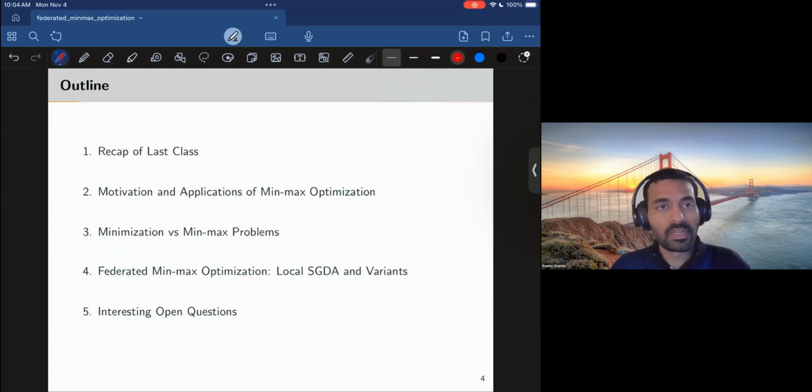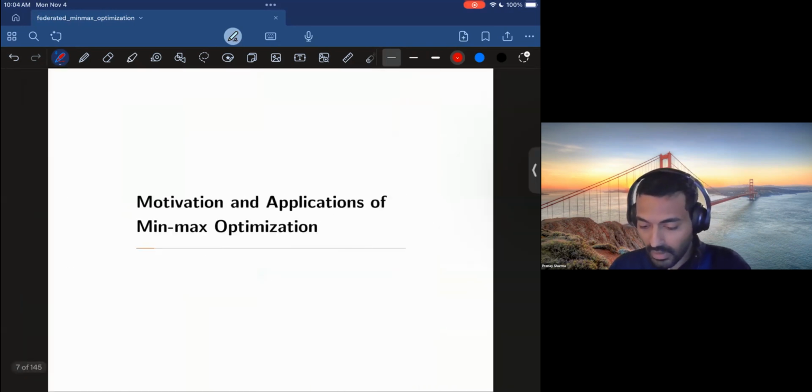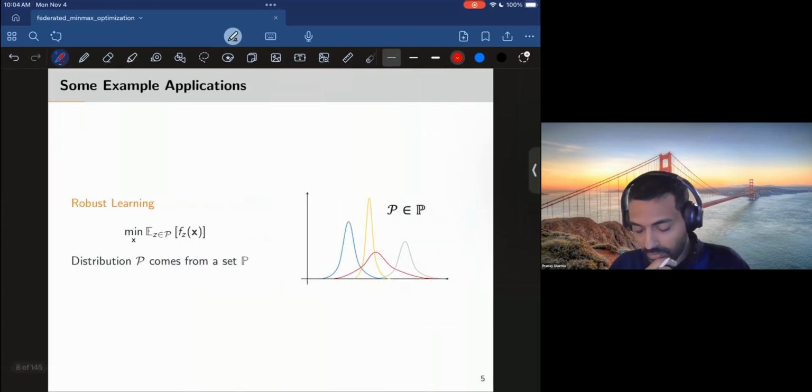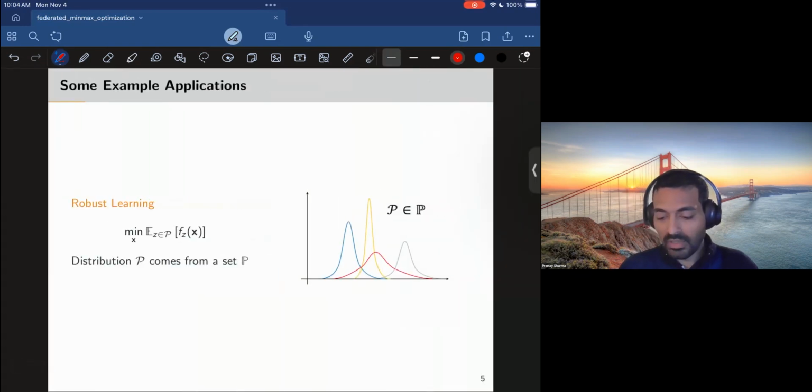Let's start with min-max optimization, which is the topic of today's lecture. So let's talk about some motivations and applications. Why would we want to study min-max optimization? So suppose we want to minimize some loss function. We are interested in some learning problem, and we want to achieve a smaller error or a higher accuracy on some task.